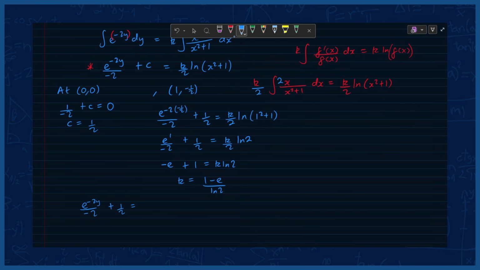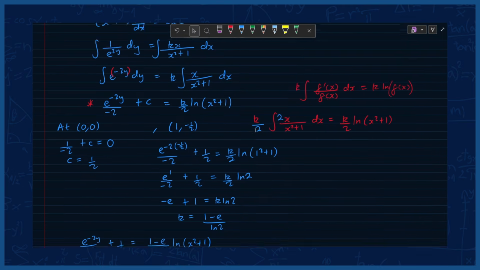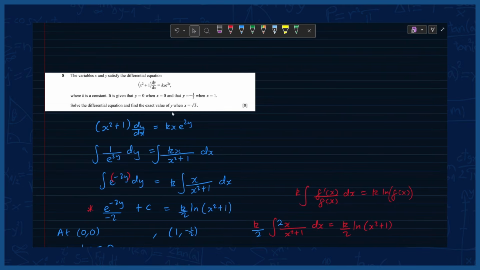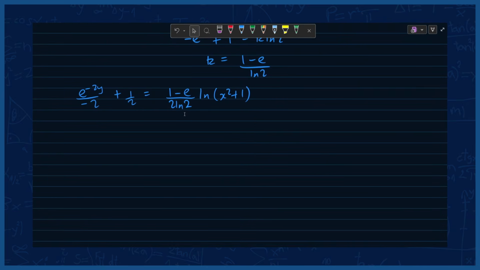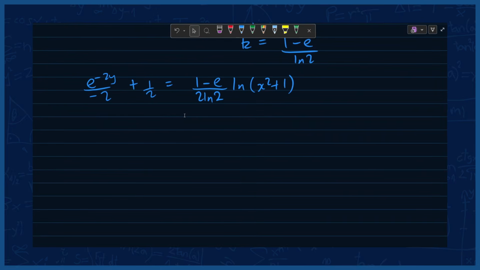So my k is 1 minus e over ln 2, and that's being divided by 2, so it just ends up being 2 ln 2, times ln of x squared plus 1. Okay, and now since we eventually want to find the exact value of y, let's make y the subject of the formula first before we substitute in our x. Or would that make life easier?